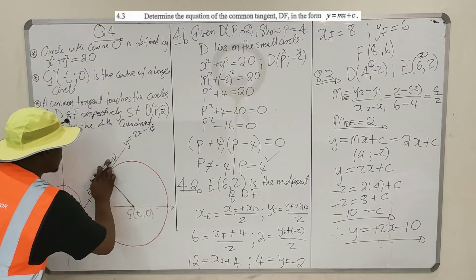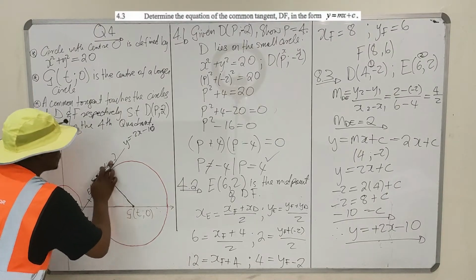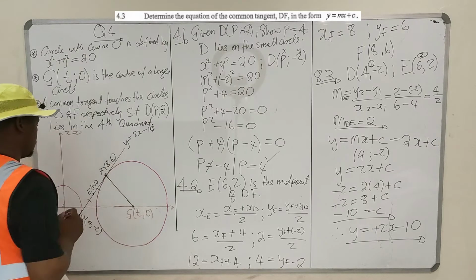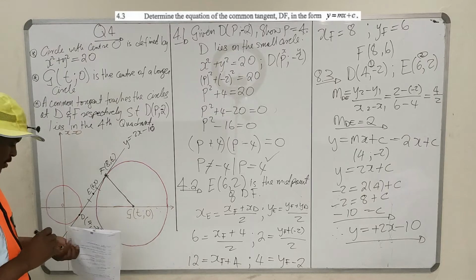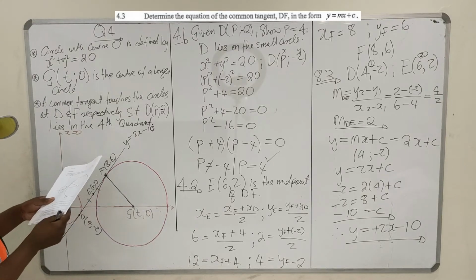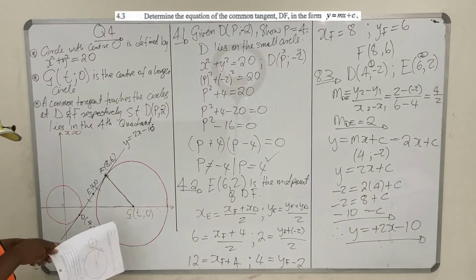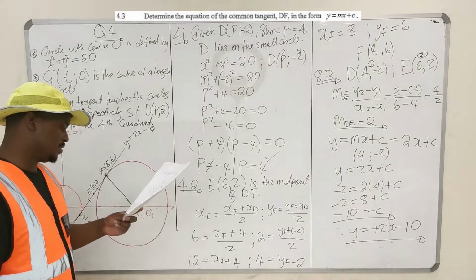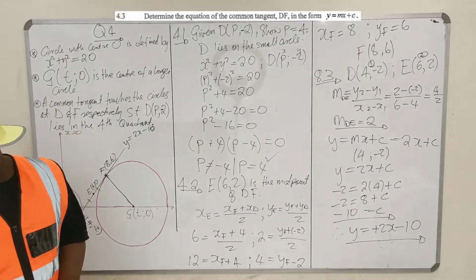Right? So the coordinates of F are 8 and 6. Done. So we'll move to 4.4. But I will have to clean that board because I don't have much space. And then we'll continue. Let me clean the board.